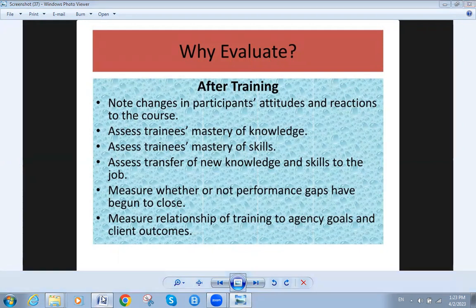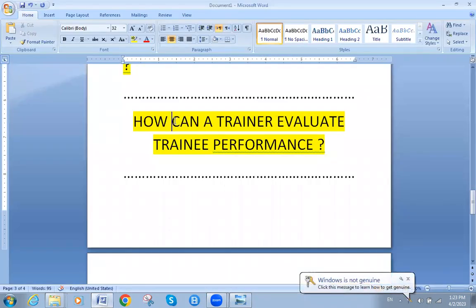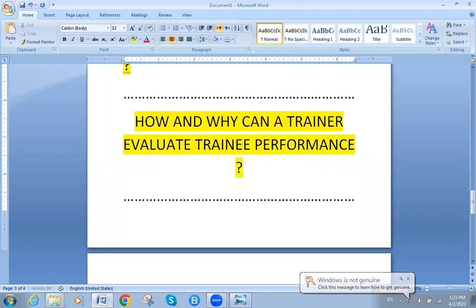So I will put it here, how and why can a trainer evaluate trainee performance? Instead of putting them in one question, in the how you will say before training, during training and after training, and in the why you will say the reasons why you do it before training, why you do it within the training, and why you do it after the training.